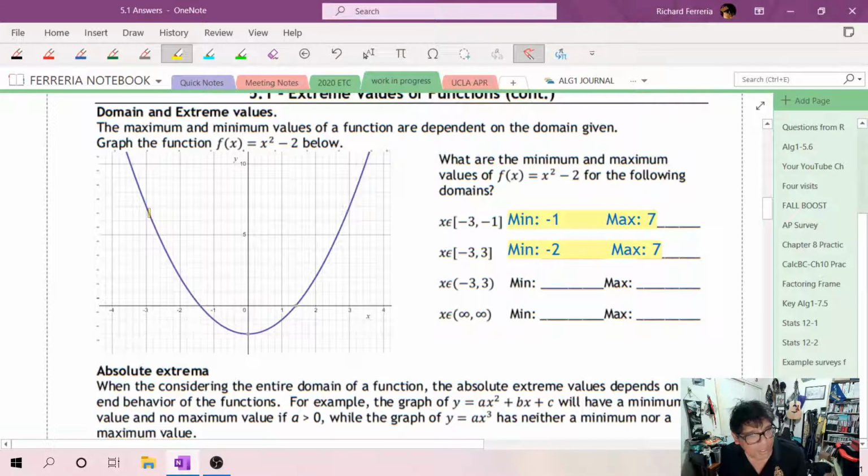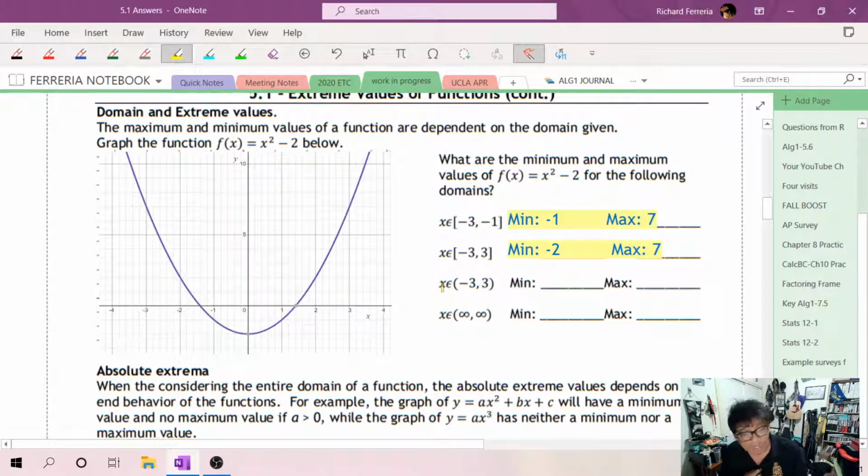We're never actually going to get to a y-coordinate of 7 because the function is not defined at x equals negative 3. So what that means is we're not actually going to have a maximum. Like if you say the maximum is y equals 6.99, well, actually the function can get to 6.999.